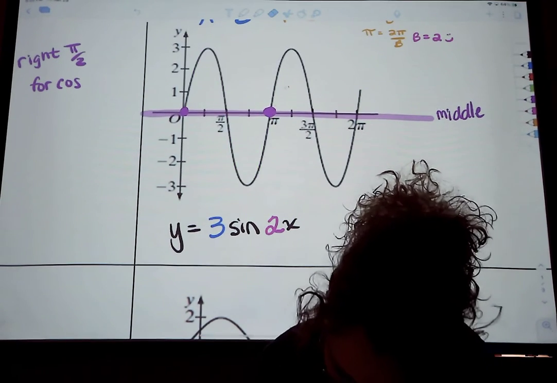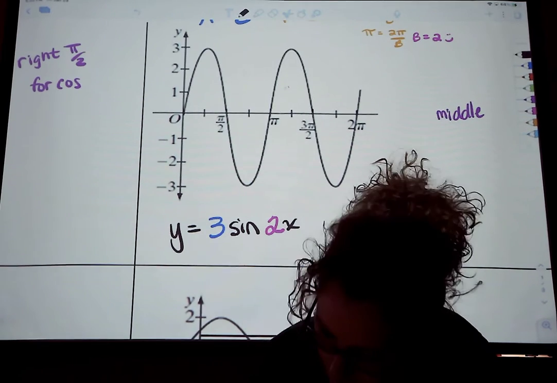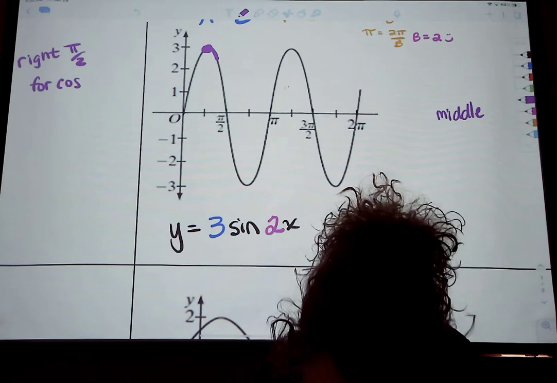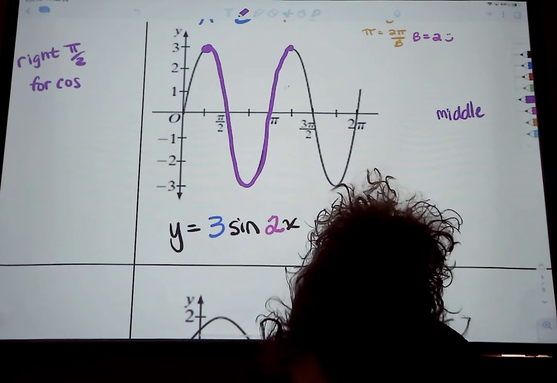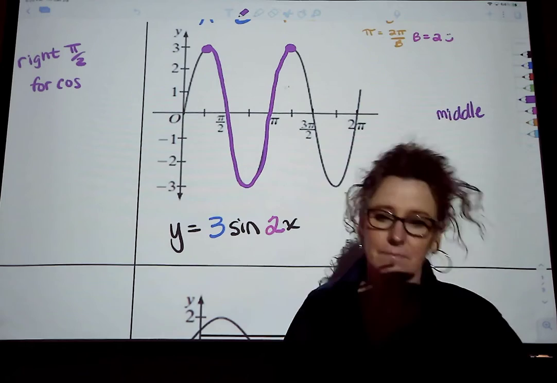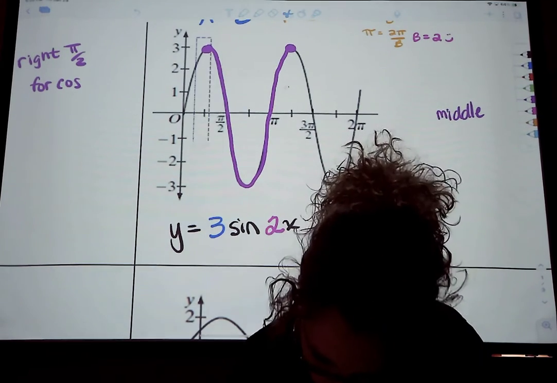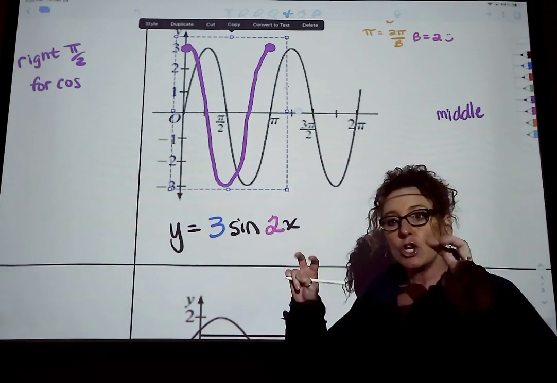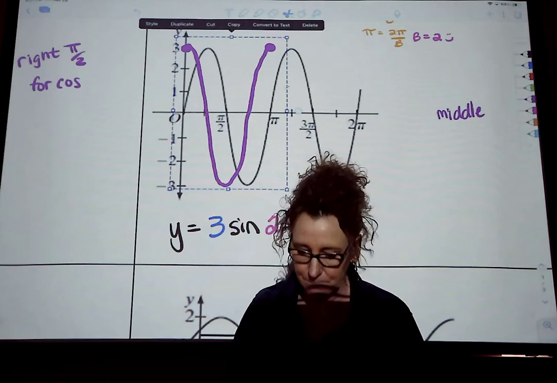So I'm going to erase that, and I'm going to kind of highlight a cosine curve. So cosine would start up here, hit, down, hit, end. How is that different from a normal cosine curve? Well, a normal cosine curve with an amplitude of 3 would look like that.